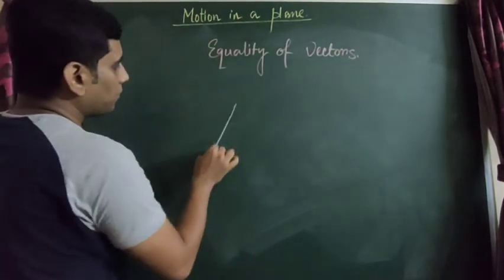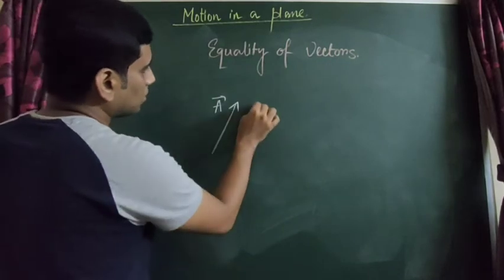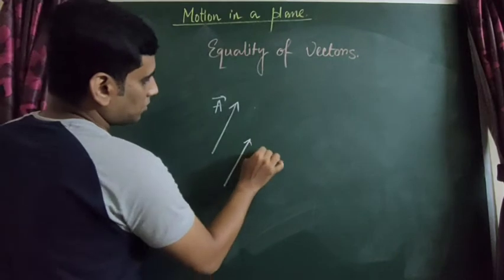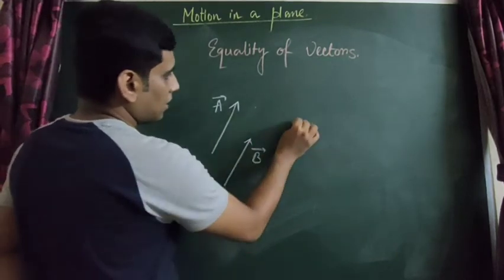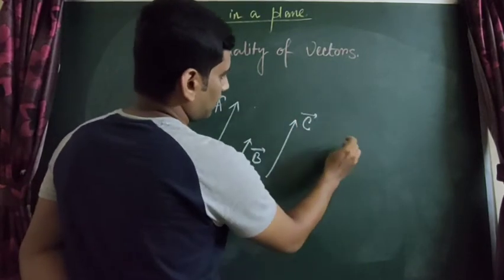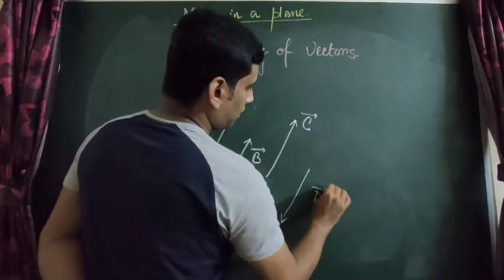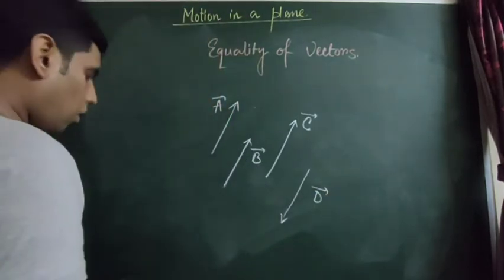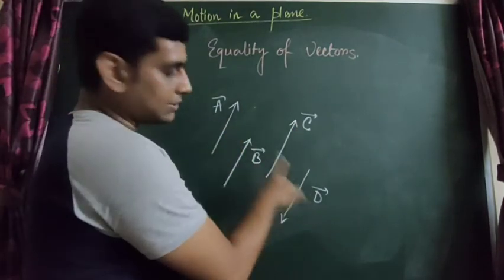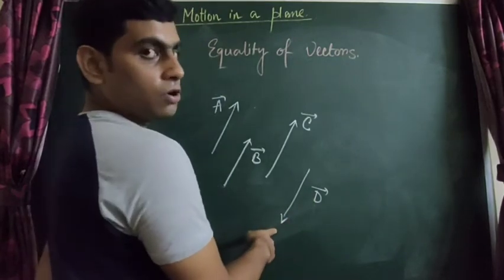So suppose there is this A vector, another vector here, B vector, another vector here, which is C vector, and another vector in this direction, which is D vector. See, all of these 4 have the same magnitude, the lengths are the same, but the direction of D is opposite.